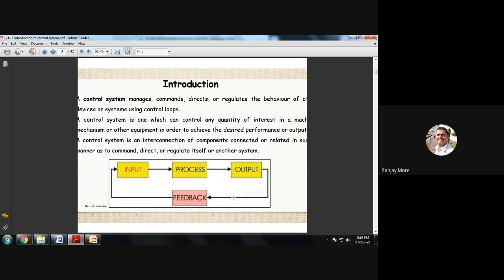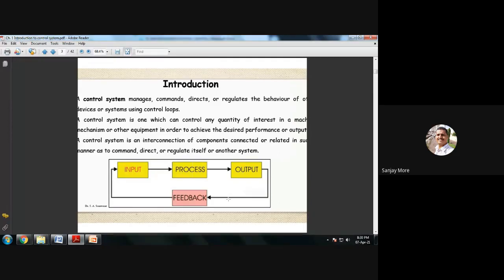So a control system manages, commands, directs, or regulates the behavior of the devices or system using a control loop. This is the control loop. So a control system can control any quantity of interest in a mechanism or other equipment in order to achieve the desired performance or output.